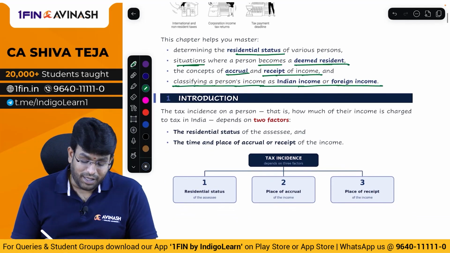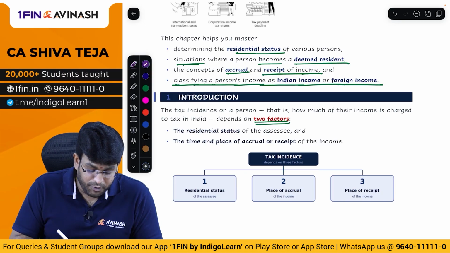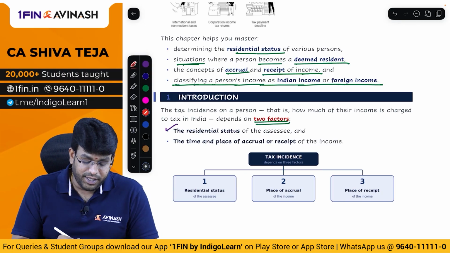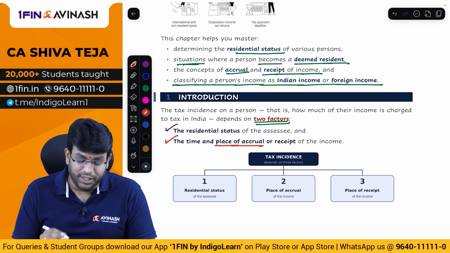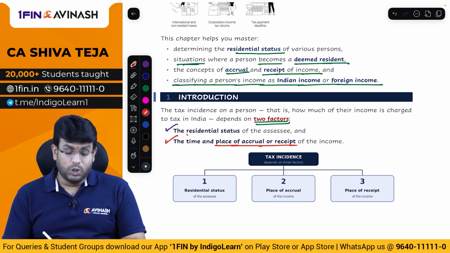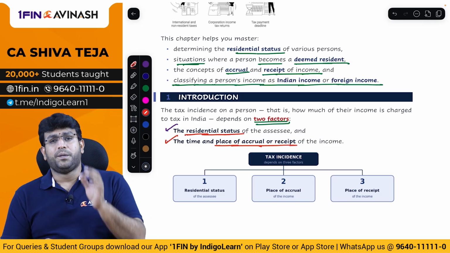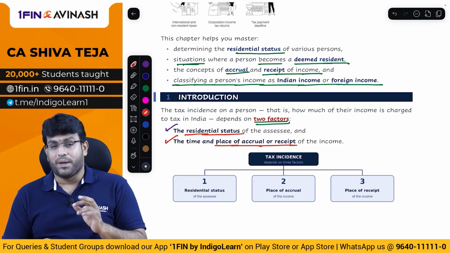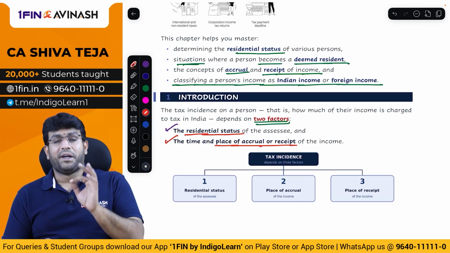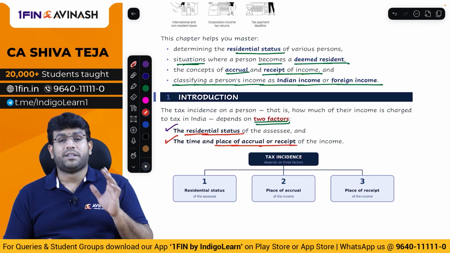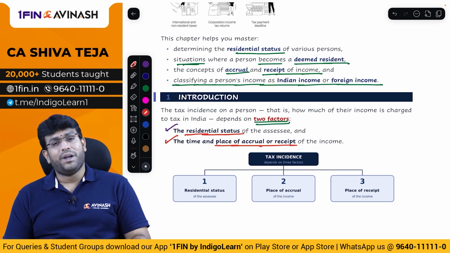So friends, the taxability of income always depends upon two important factors. Number one, residential status. Number two, the time and place of accrual or receipt of income, that is, where the income is accrued and where it is received.